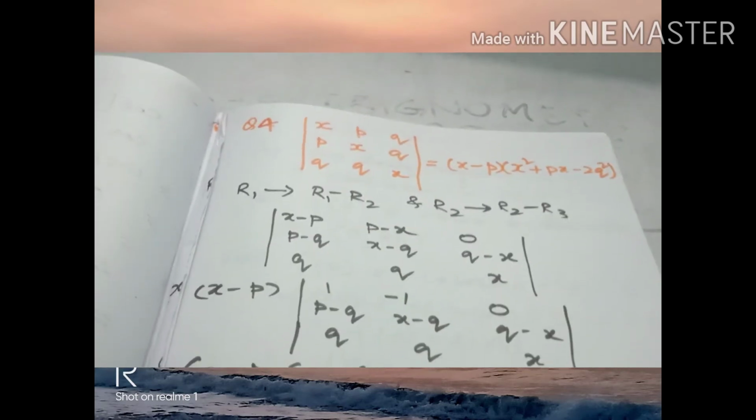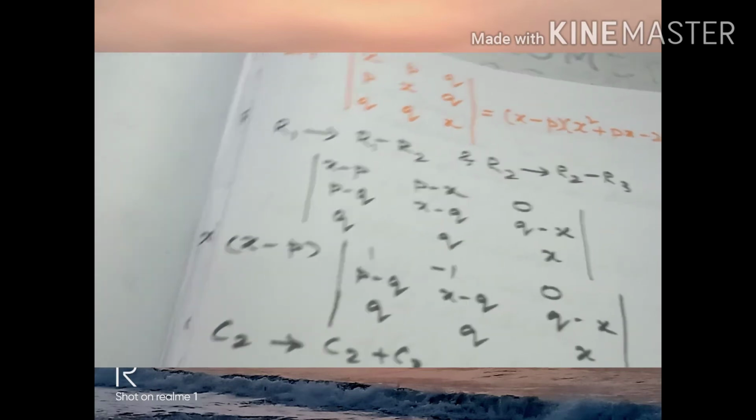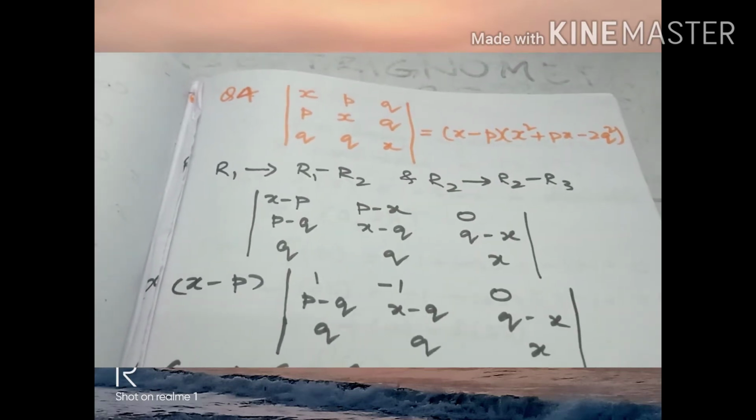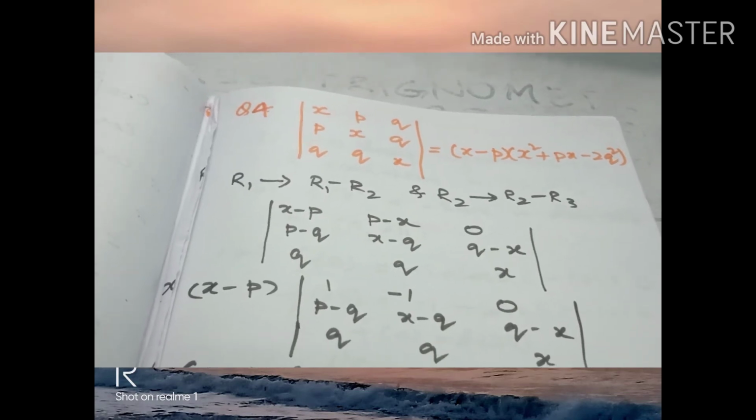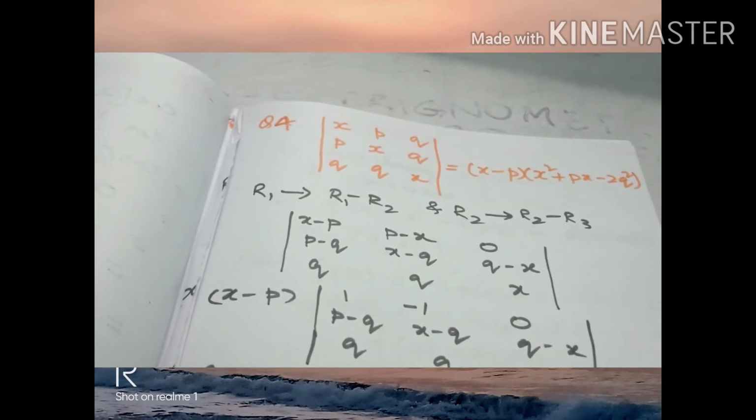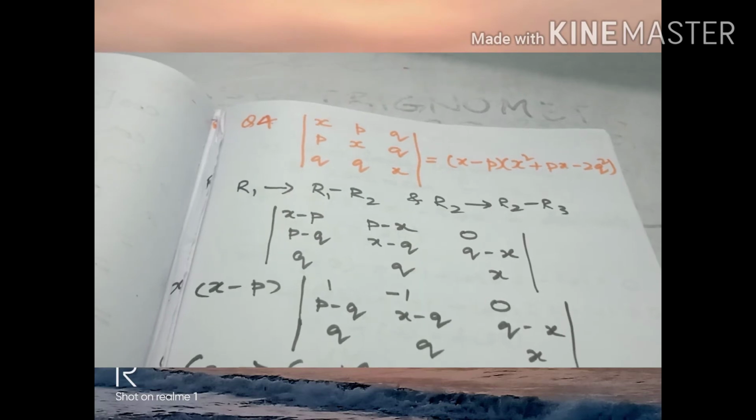Question number 4. We have to prove this. This is a very easy question of determinants. We apply the operation R1 minus R2 in R1 and R2 minus R3 in R2, and we get this.